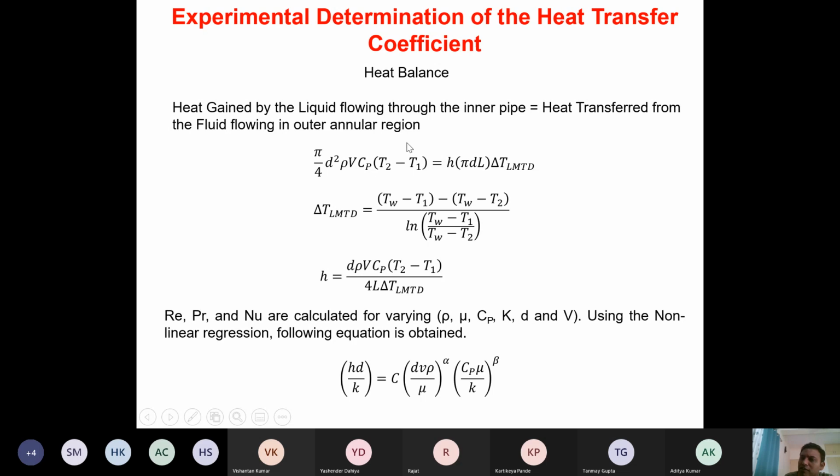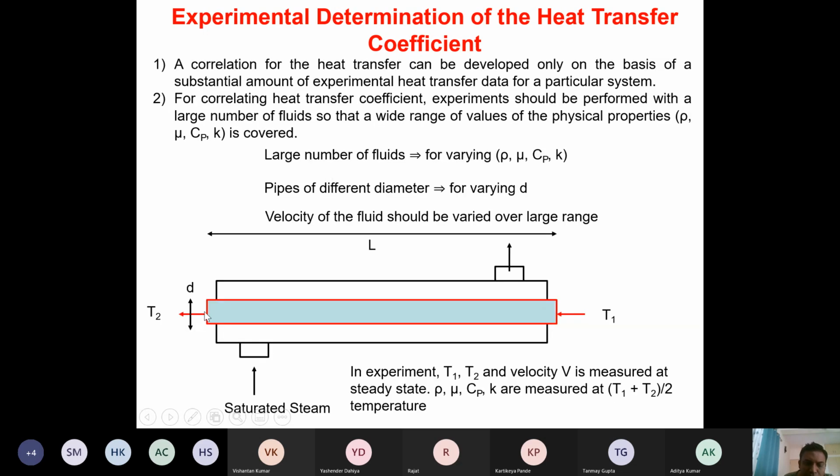So this is nothing but the change in the temperature that takes place at this end. This is nothing but the sensible heat gained by the fluid as it moves from the right hand side to the left hand side. Now what is the sensible heat gained by the fluid? The amount of heat being transferred by the saturated steam to the fluid across this entire length.